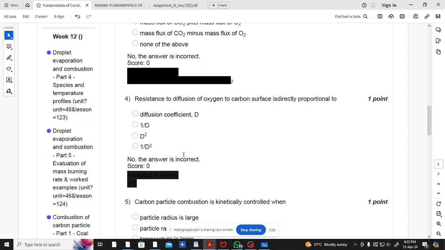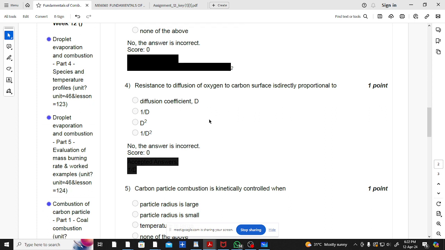See this question, you can answer it if you have gone through the PPT. Only then you can answer. But try to answer this question. You can make a wise guess.